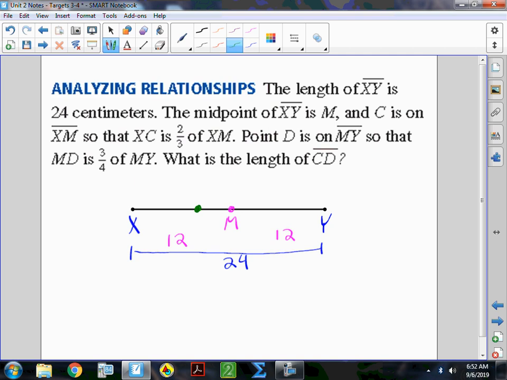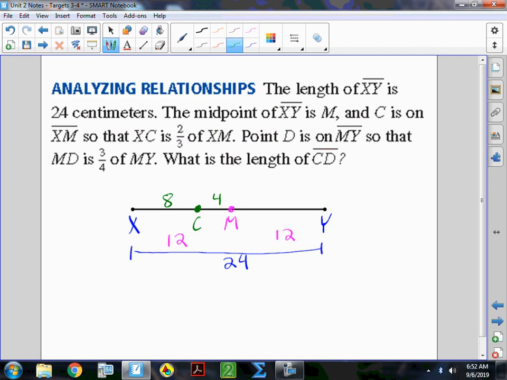So that'll be C. We could take 12 divided by 3, because we're talking about thirds. So 12 divided by 3 is 4. So 1/3 is going to be from C to M, and 2/3, 4 plus 4 is 8, will be from X to C.